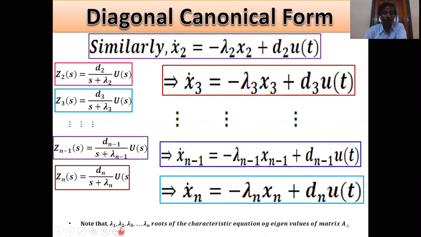Note that lambda 1, lambda 2, lambda 3, up to lambda n are roots of the characteristic equation, or eigenvalues of matrix A, capital A.